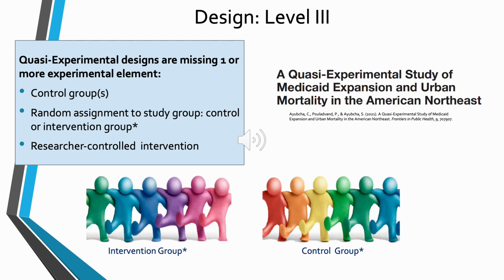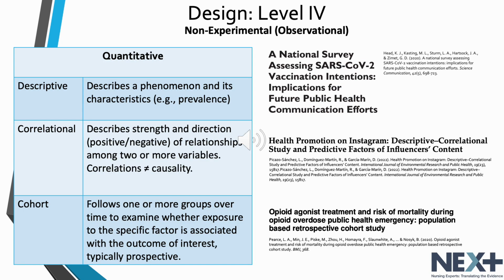Most commonly, it's missing random assignment to study group. Level 4 includes evidence from non-experimental studies. In contrast to experimental studies that use randomization and other methods to control bias, observational studies occur in the natural setting, having factors that bias results.